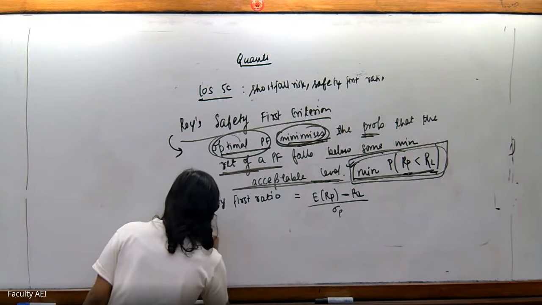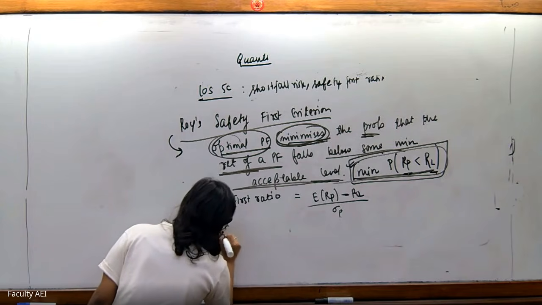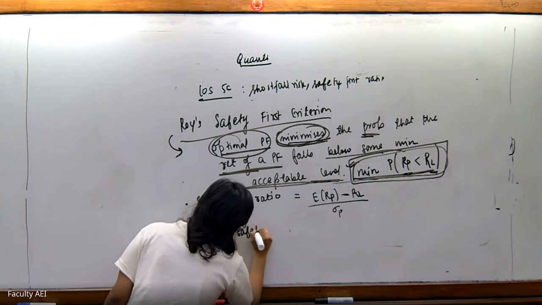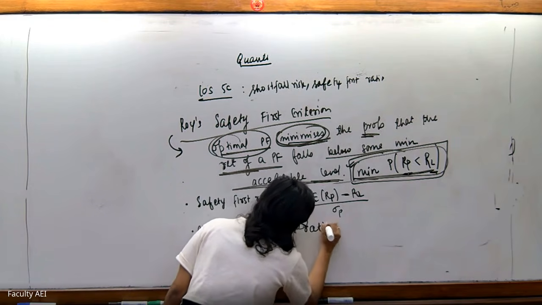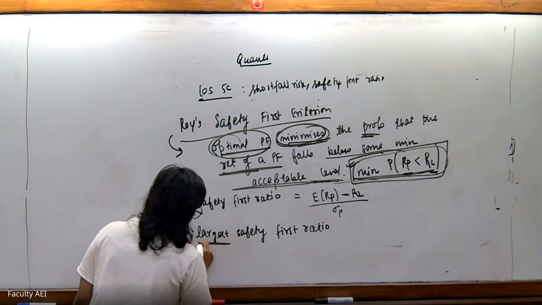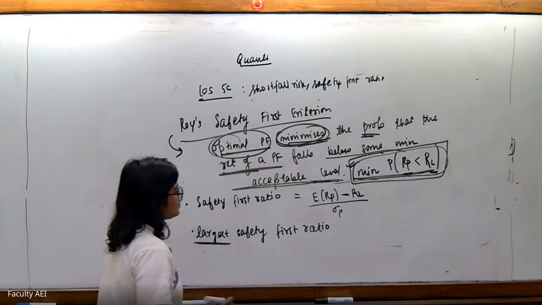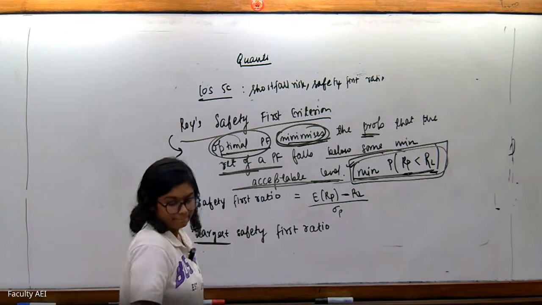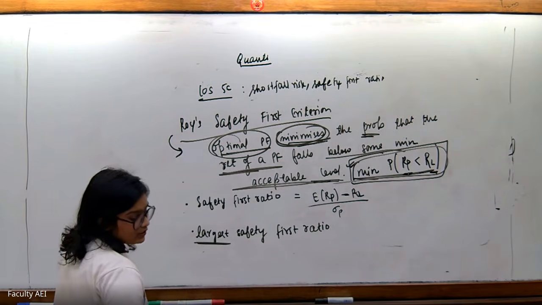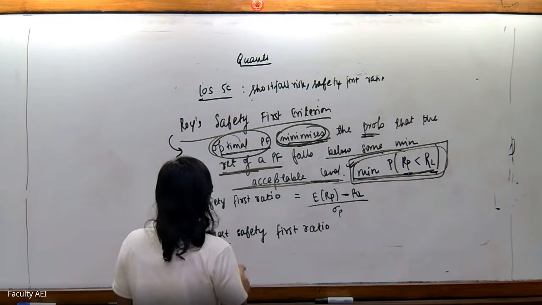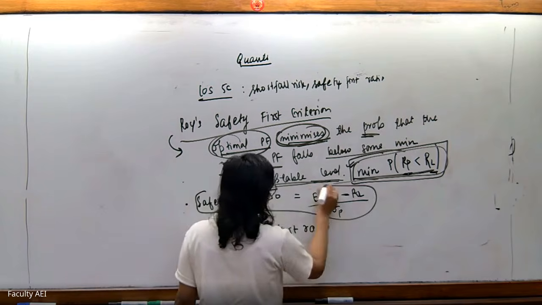Then we choose the portfolio that has the largest safety first ratio. So the optimal portfolio is the portfolio which has the largest safety first ratio.